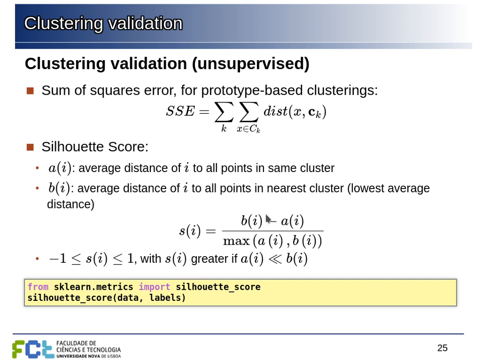And now the silhouette score will be the difference between the average distance to the nearest cluster, minus the average distance to the points in the same cluster, this value here, and divided by the maximum of the two. So this will range from any value between -1 and 1. And basically, if the distance to the nearest cluster is very large and the distances within the cluster are very small, then this will go close to 1. 1 would be the maximum.